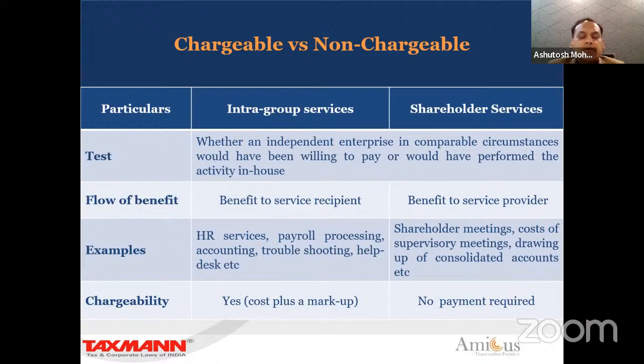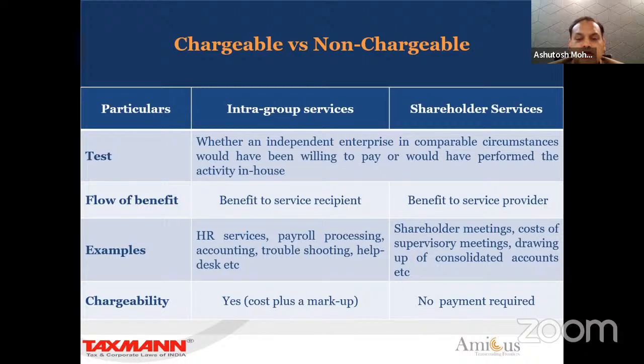I mentioned one more example, which was that of training to upgrade the quality. This also in Morgan Stanley's case was taken as an example of shareholder service. The argument is that when the parent company is spending time and resource in upgrading the quality of services with the subsidiary company, the parent is doing this for its own benefit, because if you have better quality of personnel or trained personnel all across the different subsidiaries, then the brand of the group will gain from such kind of training.